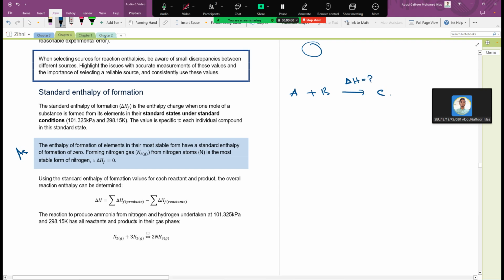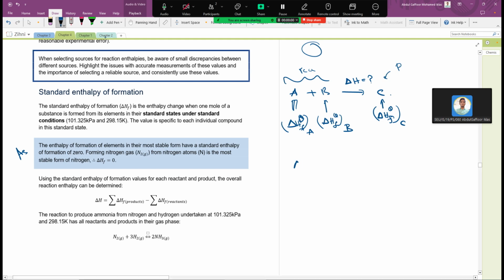For C we will have delta HF theta for C. For B also we will have delta HF theta B, and for A also we will have a value. I am just denoting using symbols, but for these formation enthalpies we will have a definite value. So delta HF theta A. These are called reactants and this is called product. Sometimes products also might have some combination of substances.